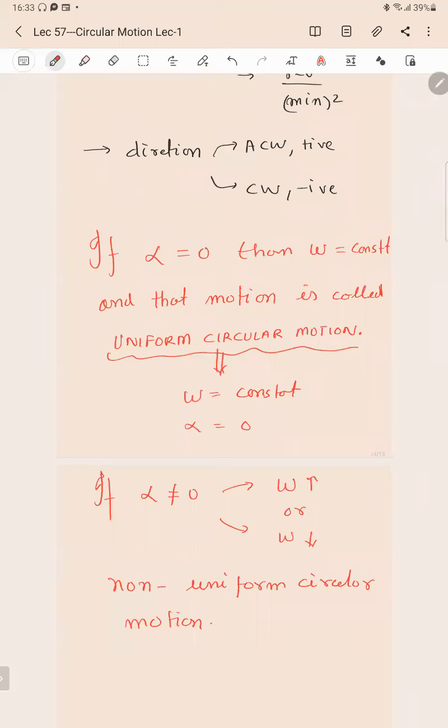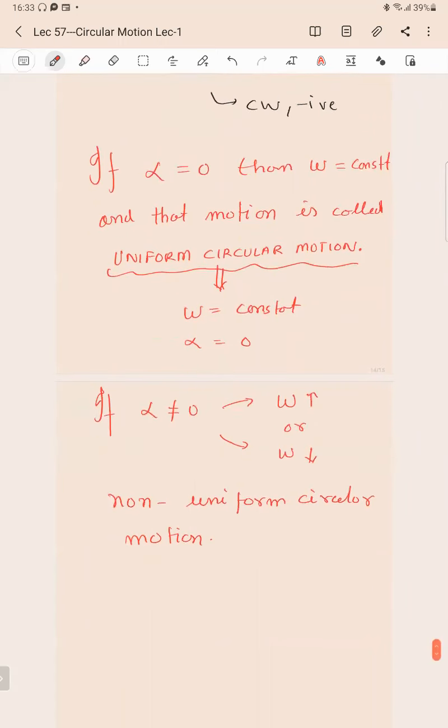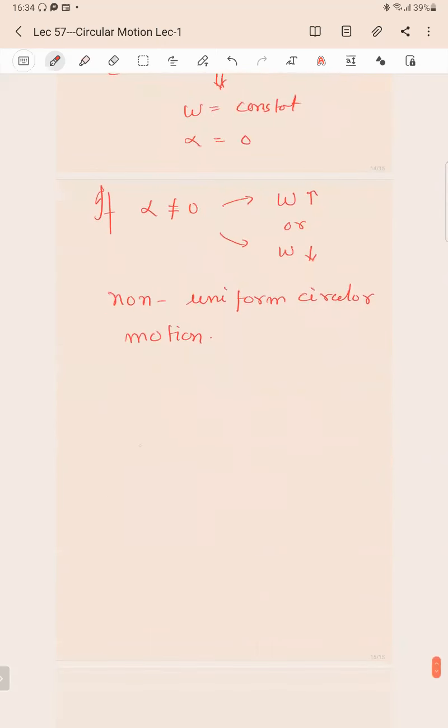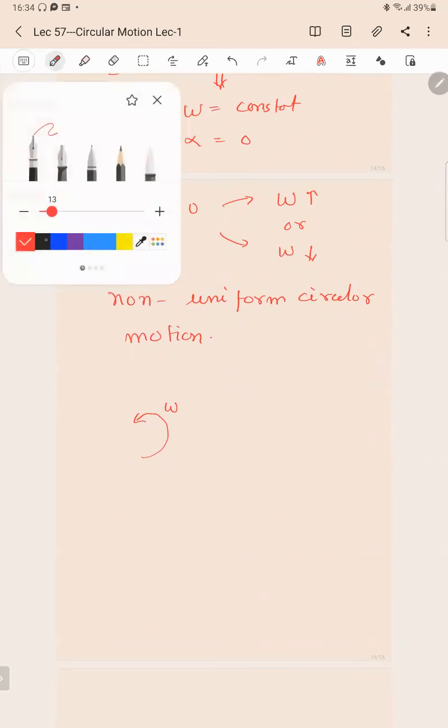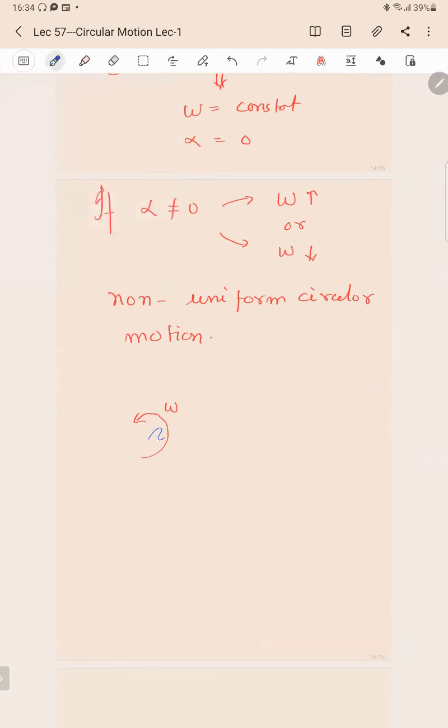If alpha is not equal to 0, then omega will either increase or omega will decrease. Okay, now अल्फा का काम है, अच्छा तेरे को पता है एक्सेलरेशन का काम होता है वेलोसिटी को बढ़ाना, वेलोसिटी को घटाना. मान ले मेरा ओमेगा ऐसा है. अब अगर मैं चाहता हूं ओमेगा बढ़े तो अल्फा भी ऐसा ही आना चाहिए.